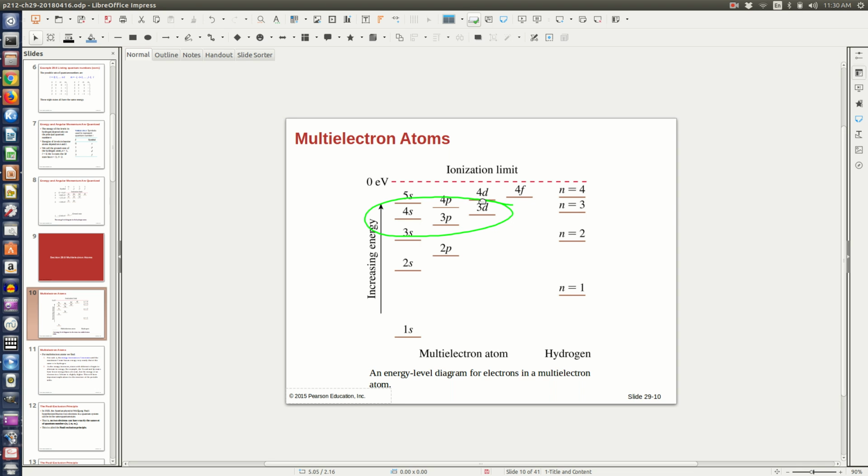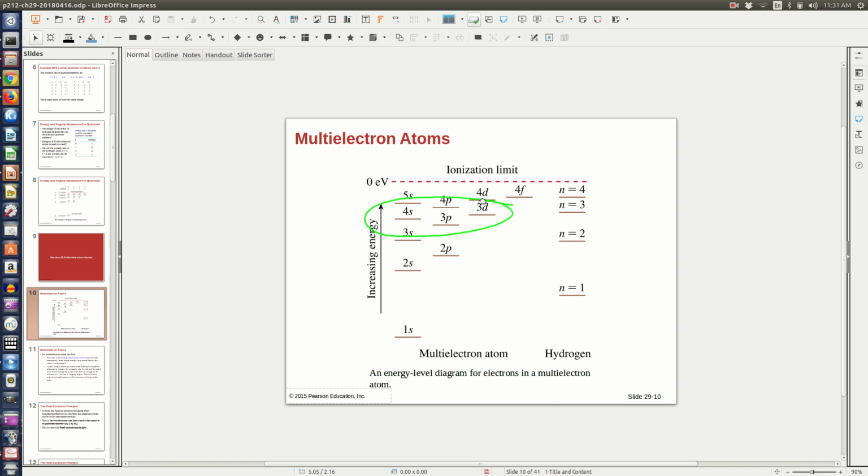But notice that the 3d state energy is slightly higher than the 4s state, and that is basically owing to the increase in repulsion between the electrons with higher angular momentum compared with the 4s state, which has now lower energy. So here we have a situation where the n equals 3 state has one suborbital, the 3d state, which is actually higher in energy than the n equals 4 state.